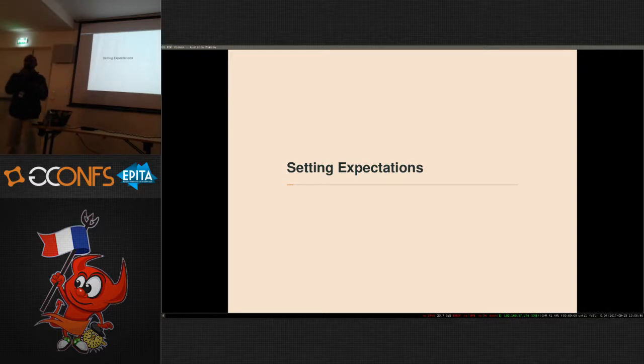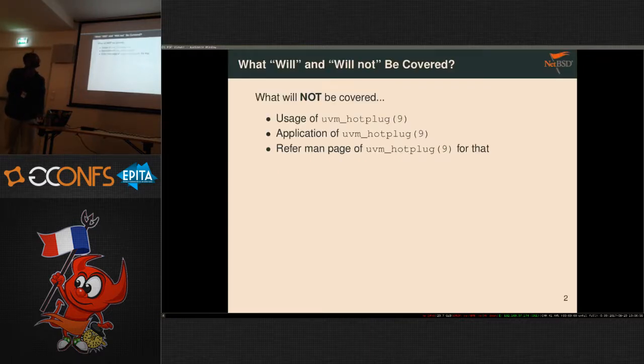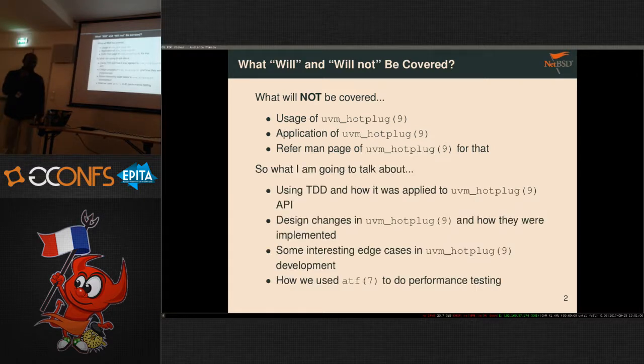because NetBSD's VM powers about, I think, 11 CPU architectures and about 70 platforms. So it's really like a huge amount of dependencies, and a lot of things can go wrong. So really, most of the technical details are in the man pages. We won't cover that.